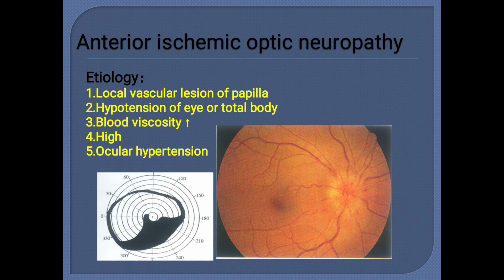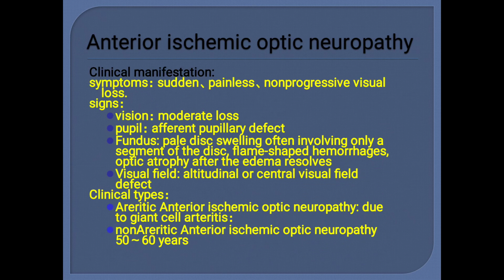So how does a patient present with AION? The symptoms are very characteristic. There is sudden painless non-progressive vision loss, and as in other optic nerve diseases there is afferent pupillary defect, but the fundus here will show a pale disc swelling. Pallid means pale. The disc swelling is pale, it is not red as compared with papillitis.